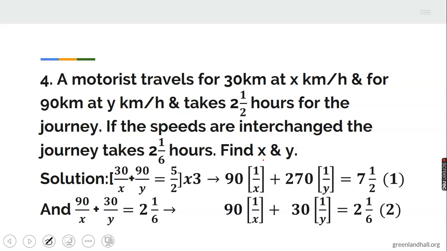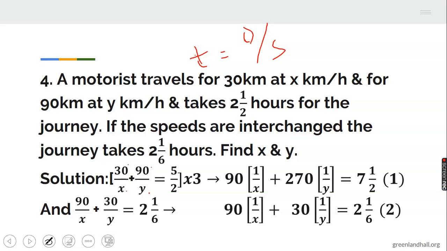So here we should know that time equals distance over speed. So this is 30 over x plus 90 over y, and the time will be 2.5 hours, which is 5/2.